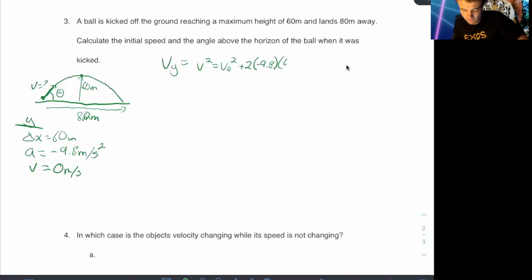The final position will be 60, and the initial position will be at 0. That's how we define it. And we know the final velocity is going to be 0. So that's v squared equals v naught squared plus 2 times acceleration times displacement. That's that equation right there.